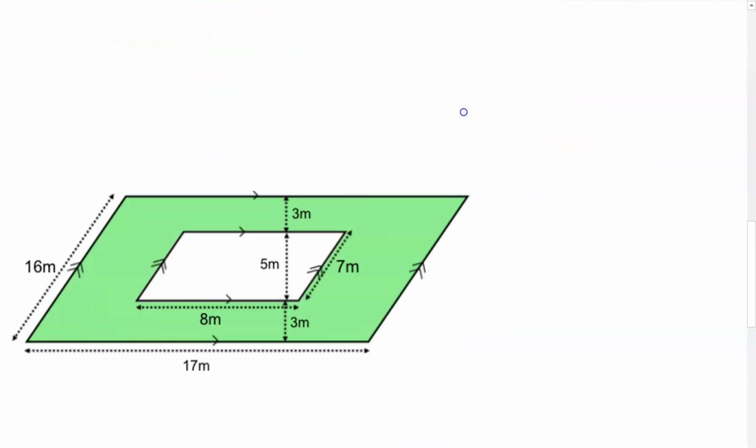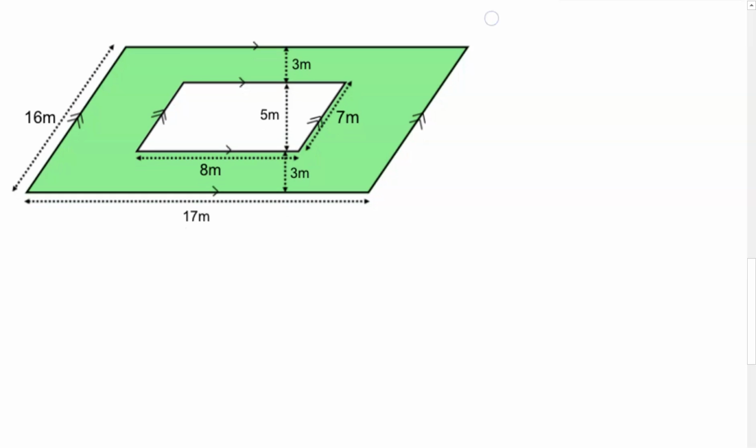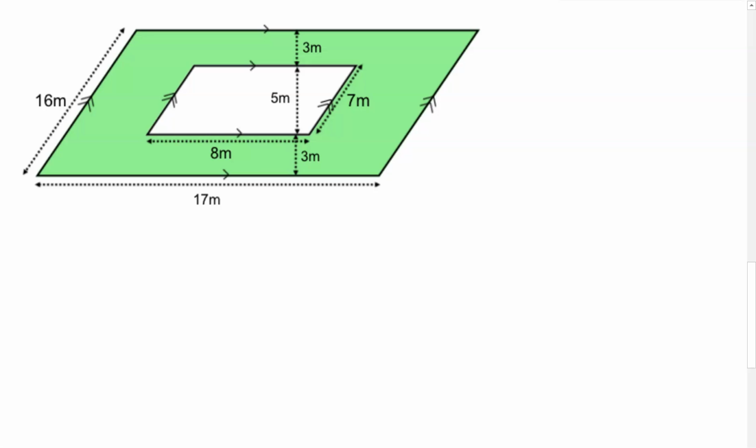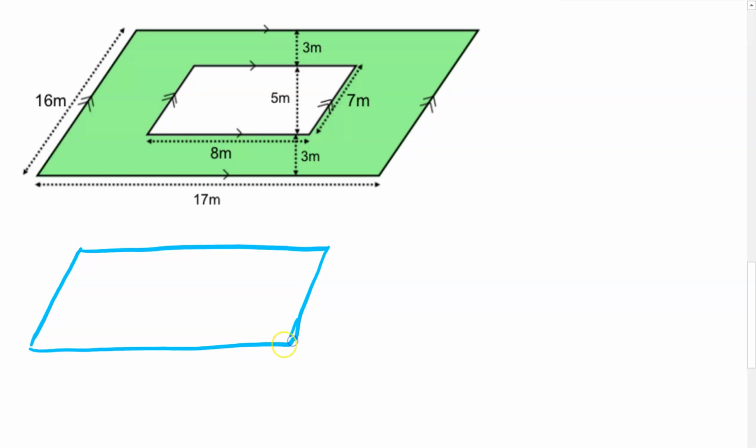Okay, last one. Now this is a problem solving one. What I'm going to do is split this into 2 shapes. So I've got the big green parallelogram. How long is that? How wide is that across the bottom? 17.